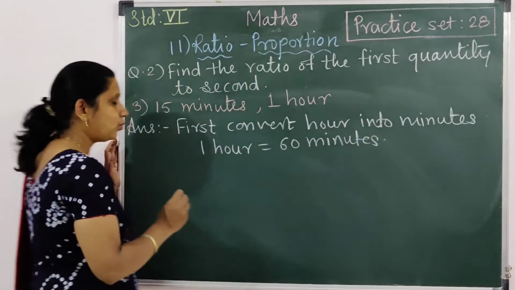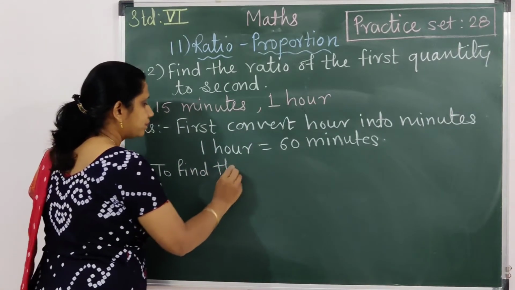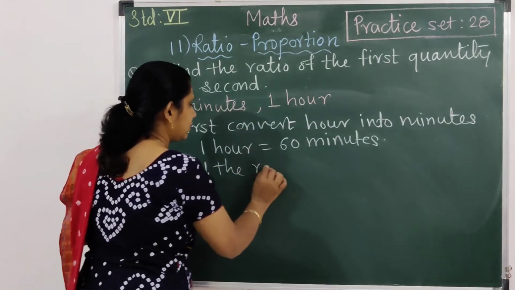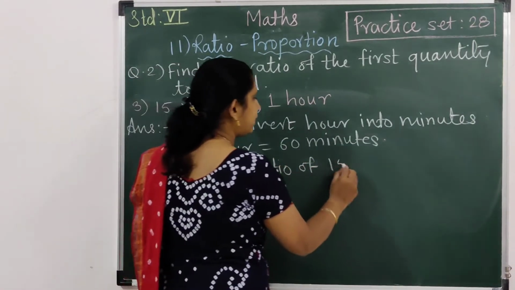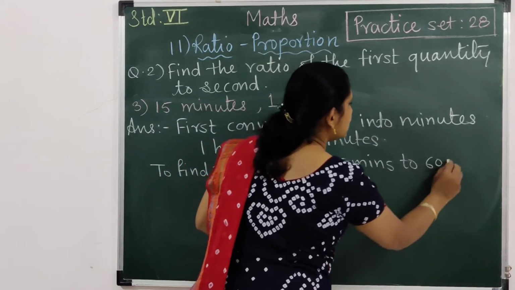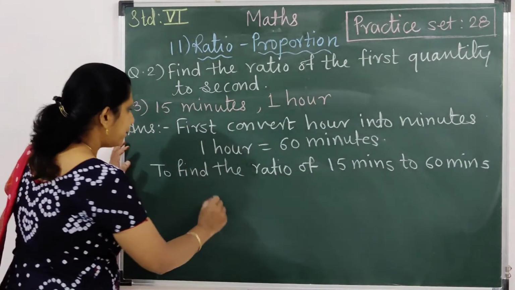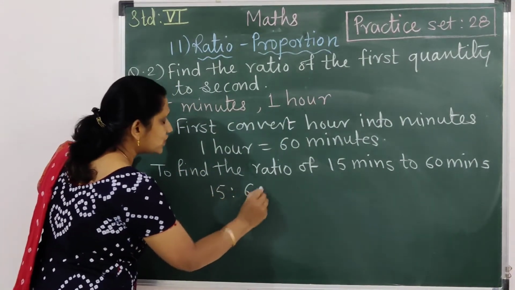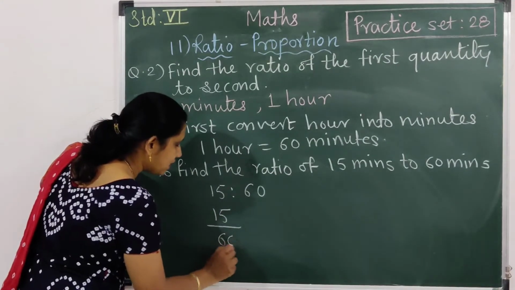So what we have to do to find the ratio of 15 minutes to 60 minutes? That is 15 is to 60. It means 15 divided by 60.